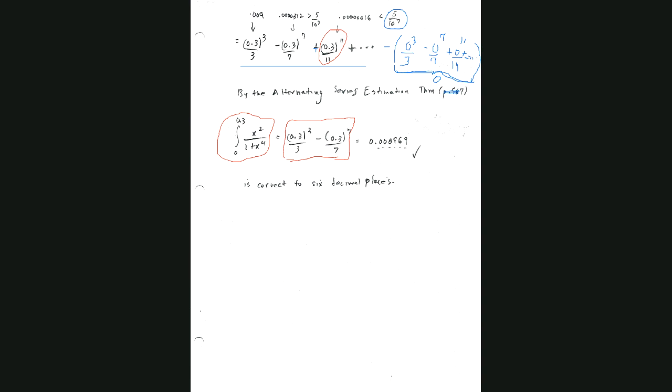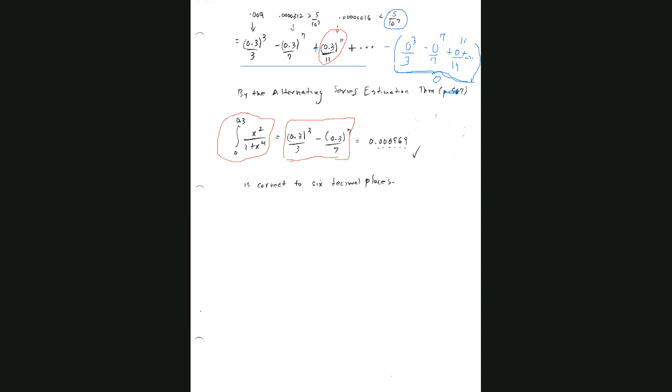This is 0.3 to the third over 3 minus 0.3 to the seventh over 7. For 0.3 to the third, you'd multiply 0.3 times 0.3 times 0.3, and that's 0.027. 3 times 3 times 3 is 27, but you move the decimal point 3 places to the left. You all did this in elementary school, right? And 0.3 to the seventh, you can figure that out, and you can divide.